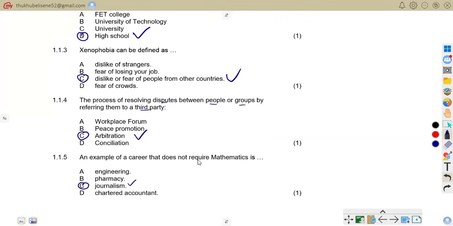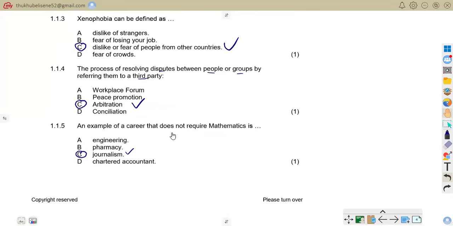Journalism does not require mathematics, but you cannot do engineering without maths. In pharmacy you need maths, as well as accounting. But journalism can be done without mathematics, that is why it doesn't require maths.